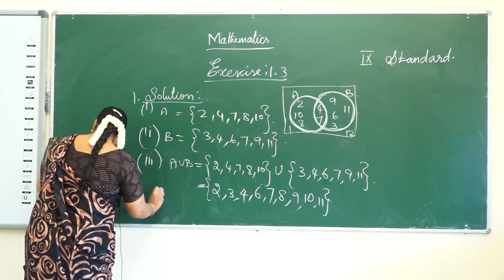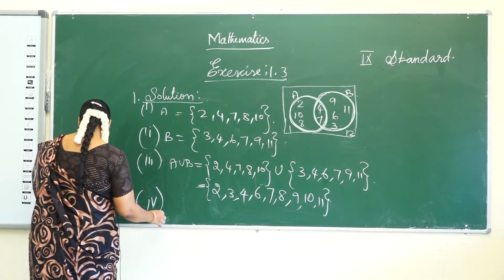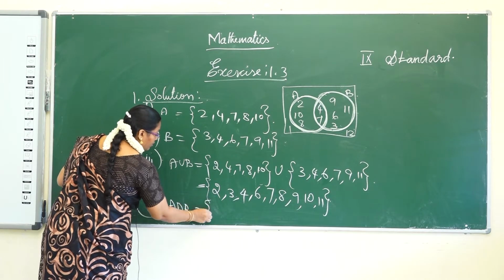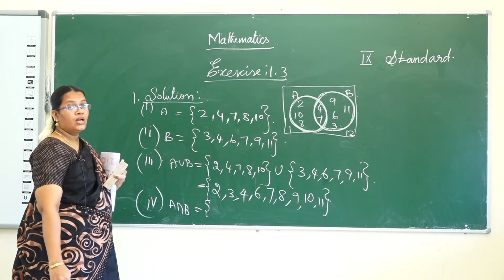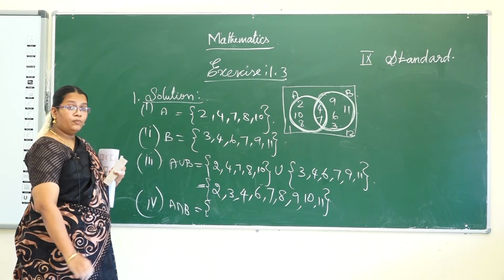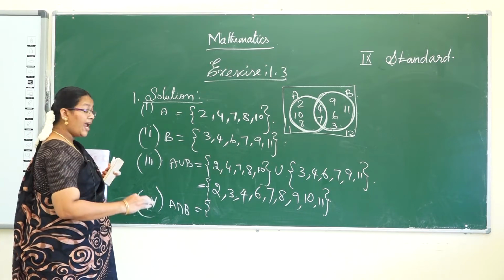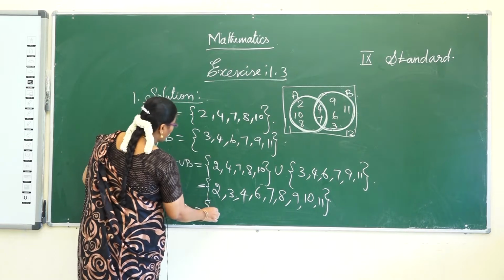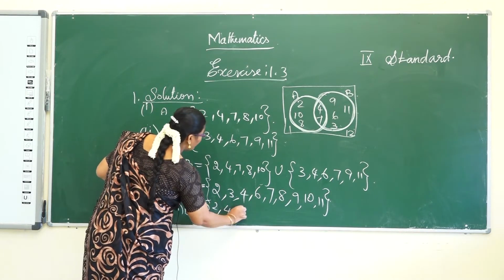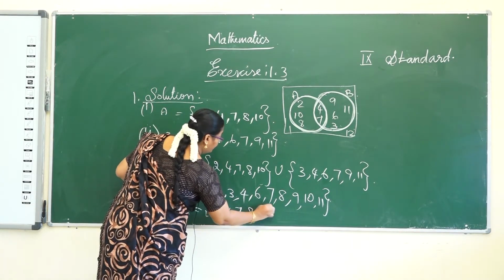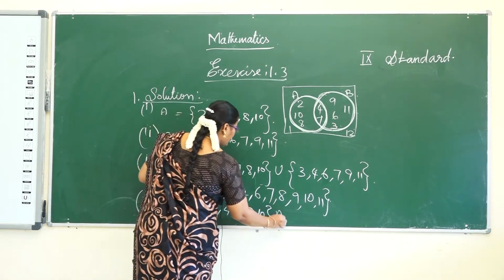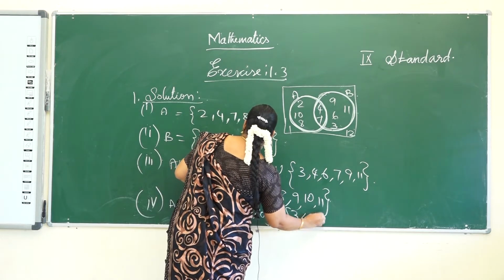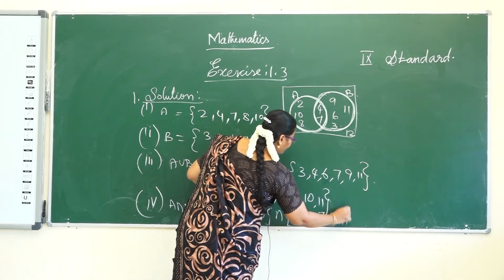And the fourth one, A intersection B. A intersection B means common to both sets A and B. Which are the elements common in sets A and B? A is 2, 4, 7, 8, 10 and B is 3, 4, 6, 7, 9, 11.